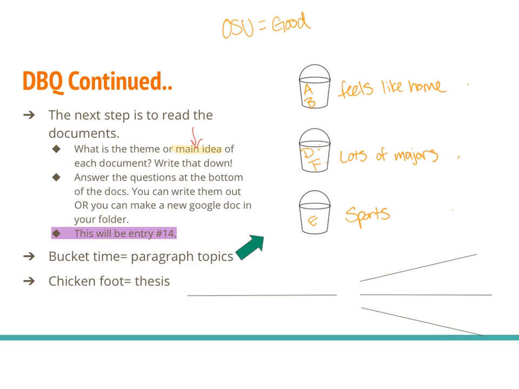And then down at the bottom is where you're going to put everything into the chicken foot process, okay? So my example is going to say, going to OSU is a good decision because, okay, that's the start of my sentence, because it feels like home will be my first paragraph.